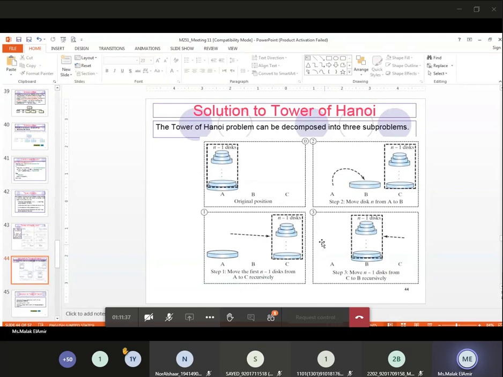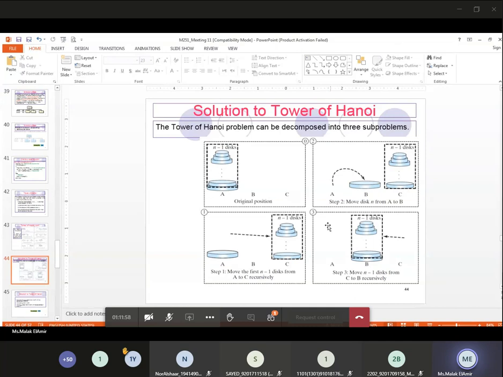First, I'm going to move n minus 1 disks to C and the n-th disk to B, then move n minus 1 back onto B on top of the biggest disk.